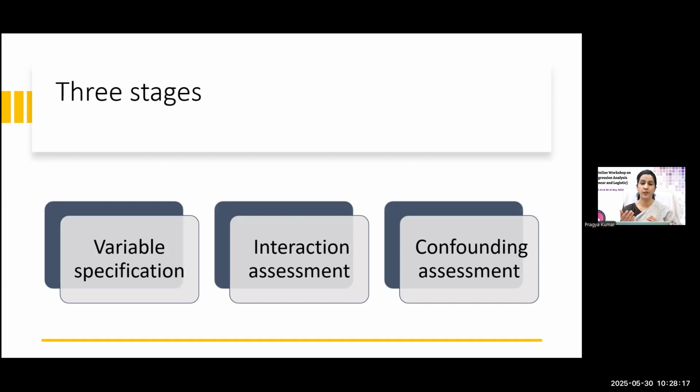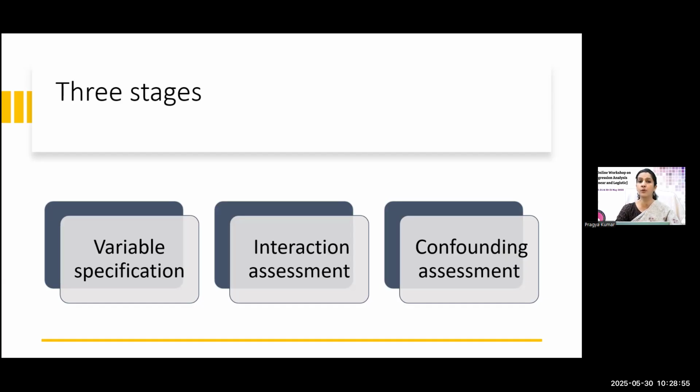According to Kleinbaum, you should not do the confounding assessment before the interaction. So interaction assessment should be done first, followed by the confounding assessment. And if one variable can act both as a confounder and it can affect your interaction with one of your independent variables. So that's the theoretical background of how you will select. So selection of variables, specification of variables, putting what variable in the interaction, that is again driven by your literature search. It is not decided statistically.